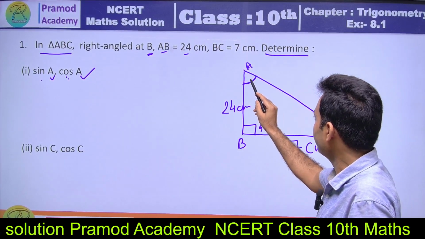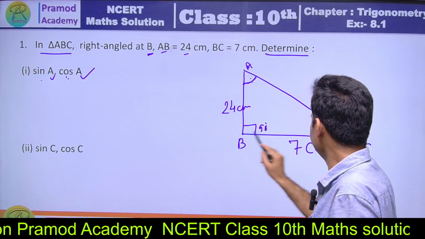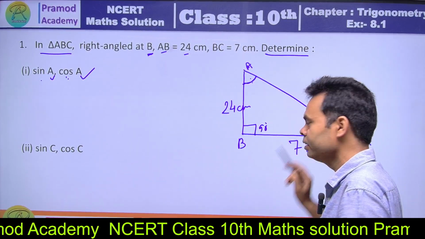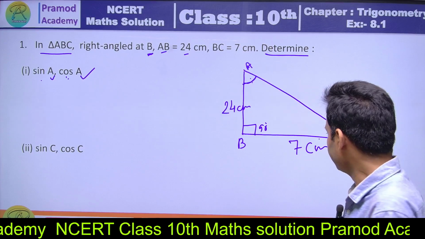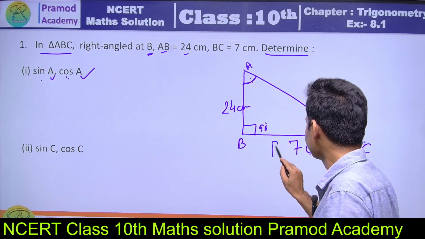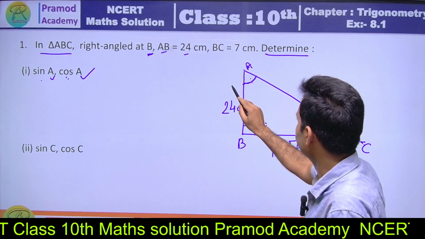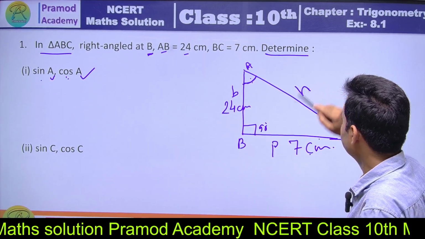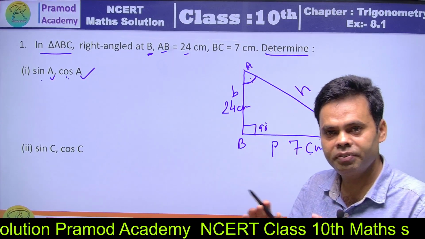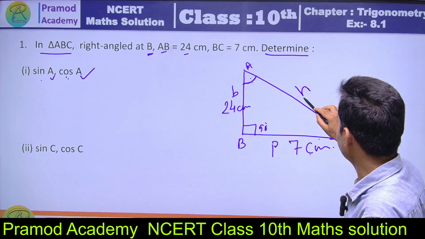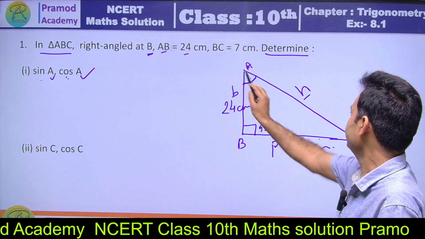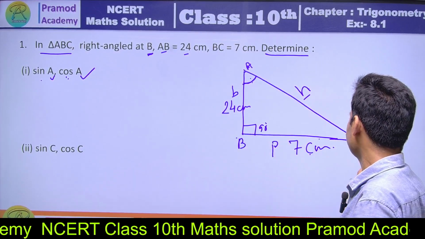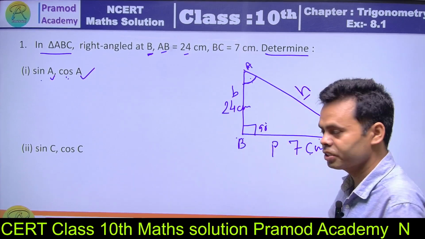In front of this angle, BC is the side which is called the perpendicular, and AB is the base. This is the longest side, which will never change and is always fixed; that is called the hypotenuse. So AC is the hypotenuse, BC is the perpendicular and AB is the base.